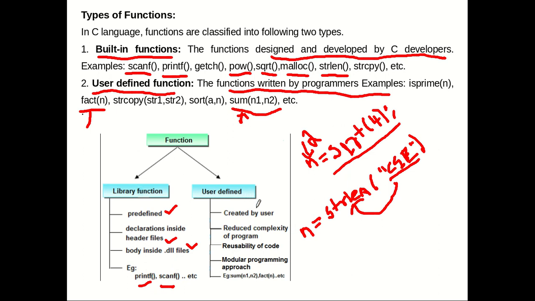But user-defined functions are created by the user, and are used to reduce the complexity and improve reusability of the code. So creating a function, or using the function concept, is a modular programming approach. Such as the sum function, fact function.